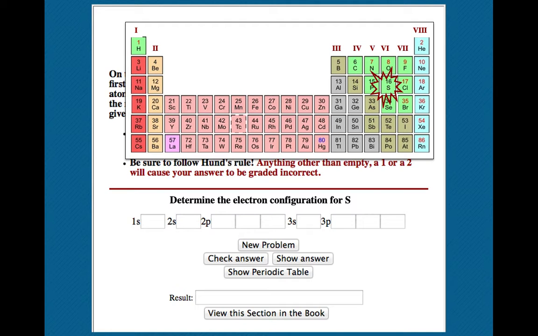So, for the 1s orbital, sulfur, 1s is full, 2 electrons. 2s is also full, 2. We have 3 p orbitals. 1, 2, 3, 4, 5, 6 electrons. They go in, 2 each.